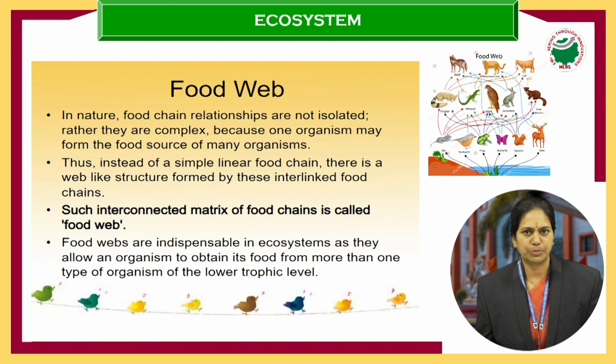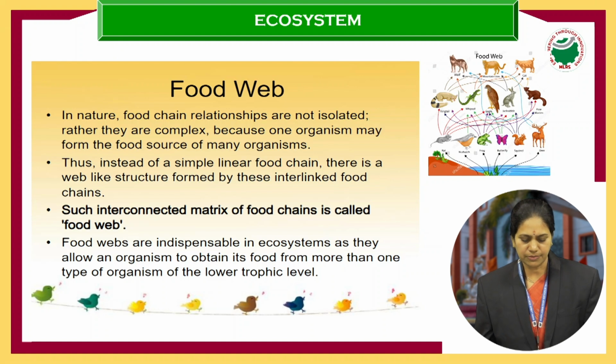Next, what is a food web? So a food web is an interconnection of food chains, or you can say an interconnected matrix of food chains. We call it a food web. Here in nature, the relationships are not very isolated. One organism can be a source of food for multiple organisms, from many kinds of organisms.